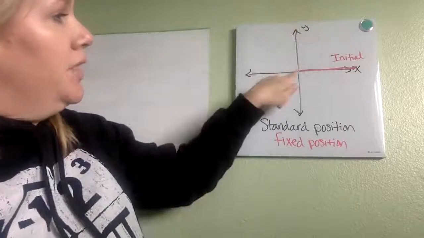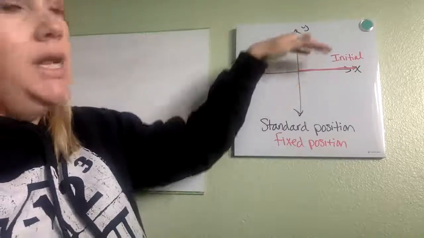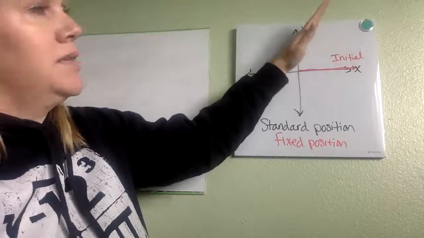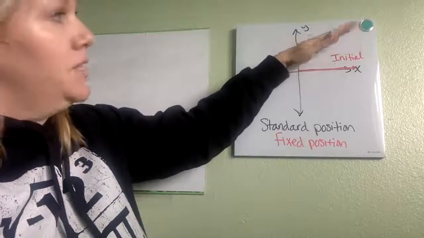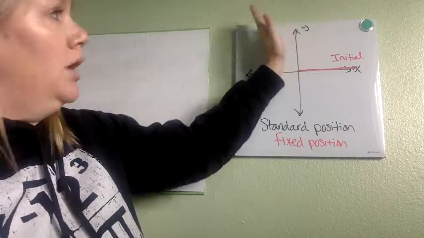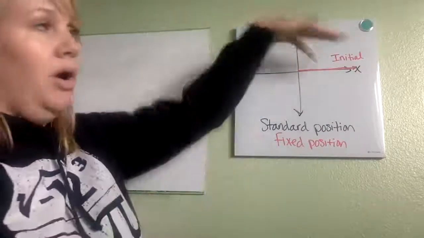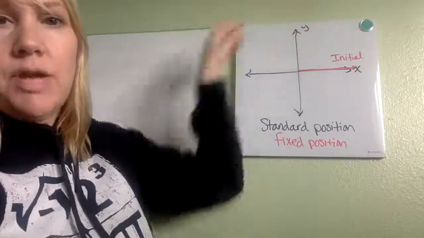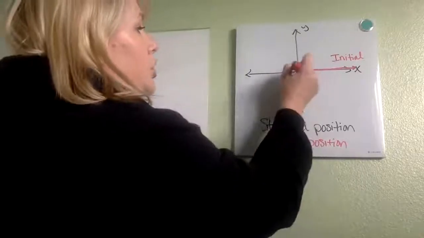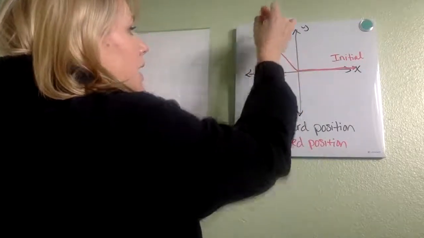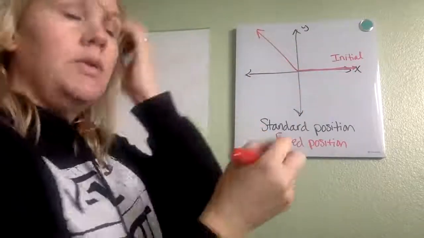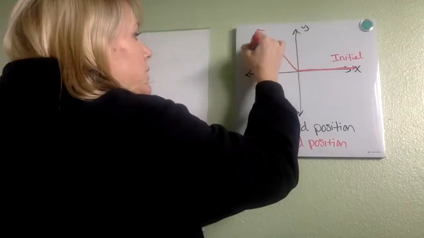So the vertex would be sitting here at the origin, and if I opened the angle, say to 60 degrees or 100 degrees or whatever, that part is the part that opens to create the angle. So that's called the terminal side. The terminal side is the side that moves to create the angle.